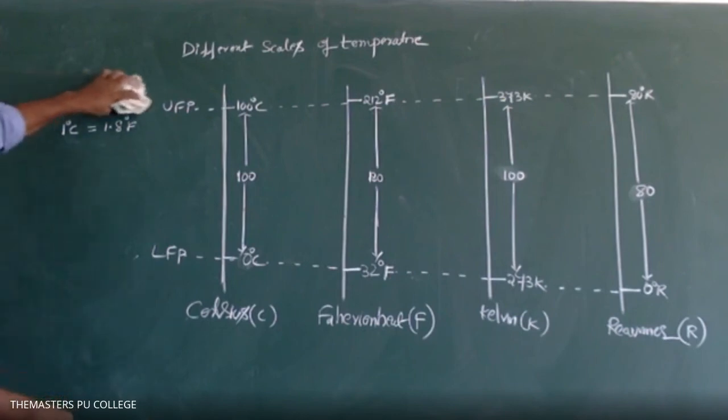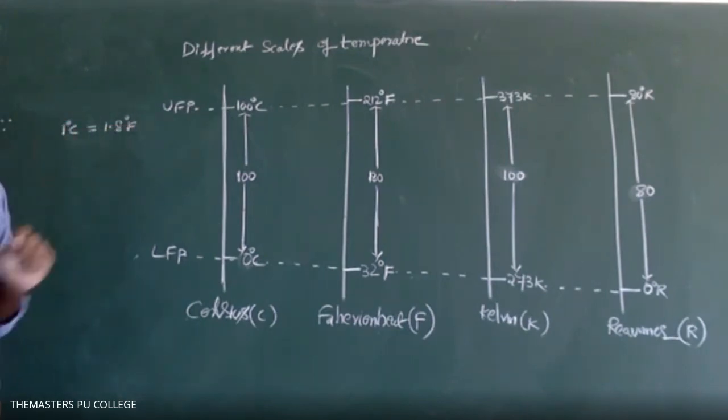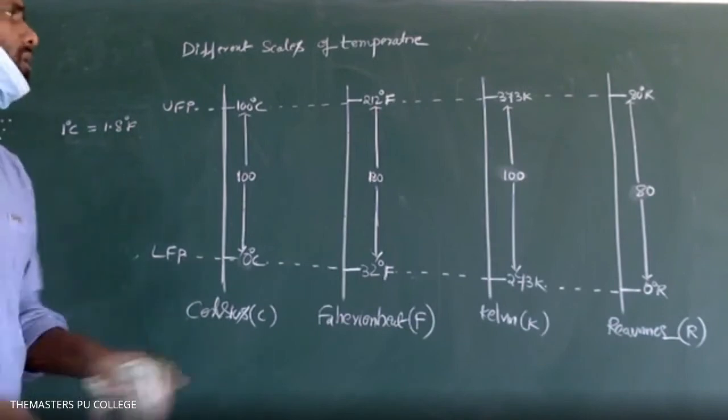Therefore, you can write this: 1 degree rise centigrade is equal to 1.8 degree Fahrenheit. The value of 1 degree centigrade must be equal to 1.8 degree Fahrenheit. So that is about this one.